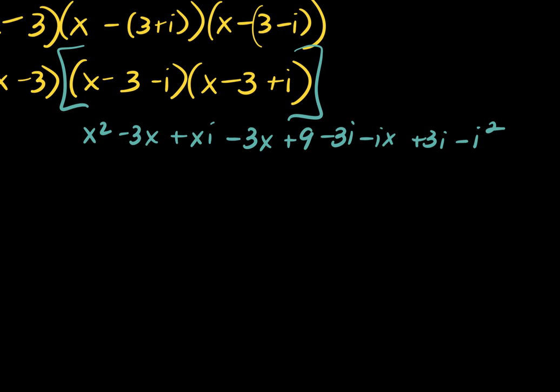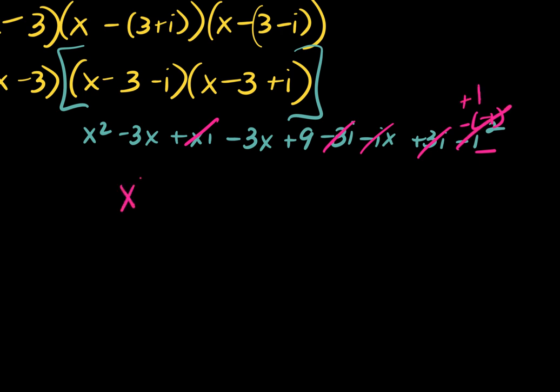Do you have to multiply all of that by x minus 3 too? Yep. Well, here we cancel, right? Everything that has an i should cancel in this step. xi and negative xi cancel out. Negative 3i and positive 3i cancel out. And i squared becomes negative 1. So this becomes minus a negative 1, or plus 1.